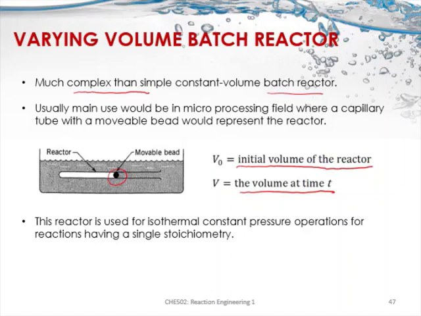You can see the movable bit, meaning whether it's increasing or decreasing the volume of the reactants in the reactor. This reactor is used for isothermal constant pressure operations for reactions having a single stoichiometry.